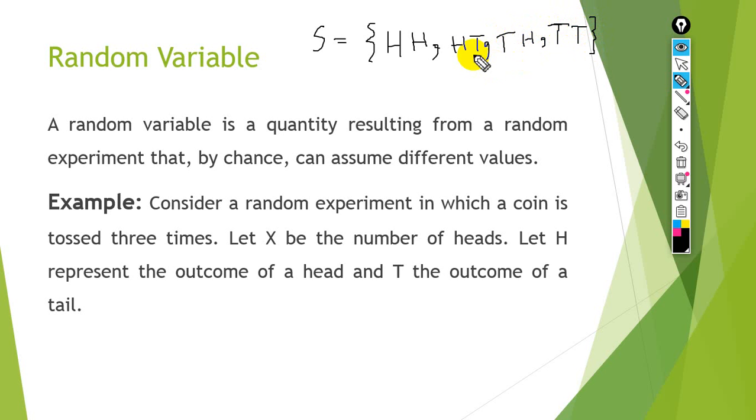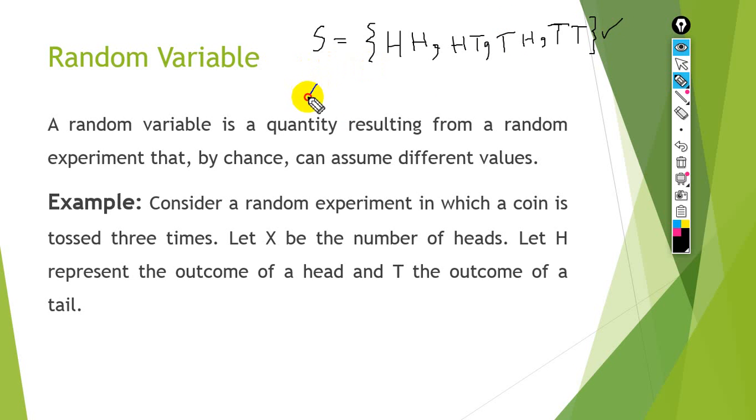So now we are taking a random variable from this sample space. For example, I am taking that a single H appears.